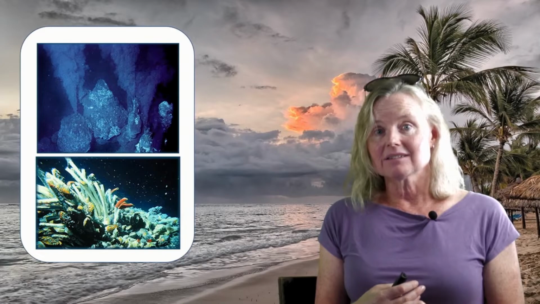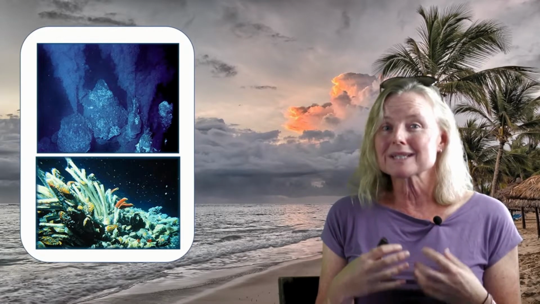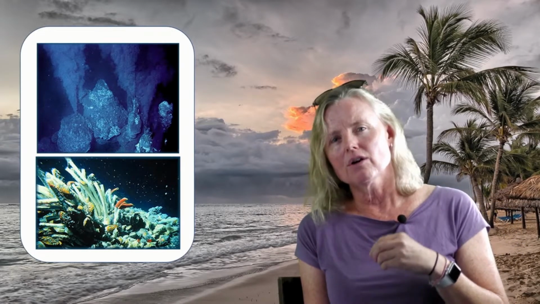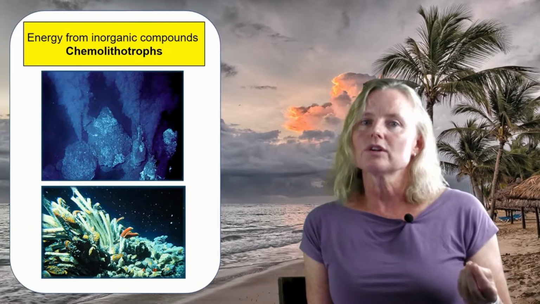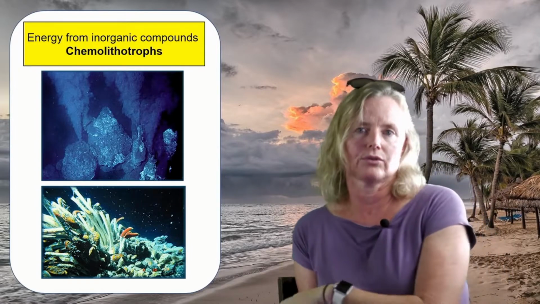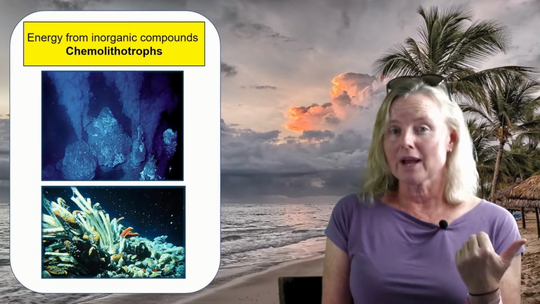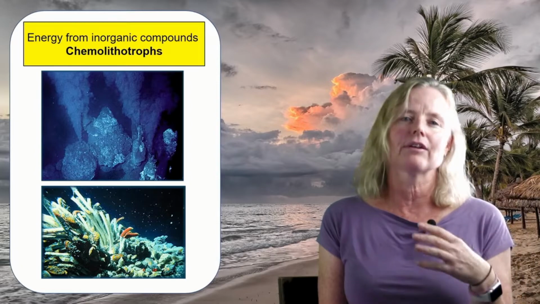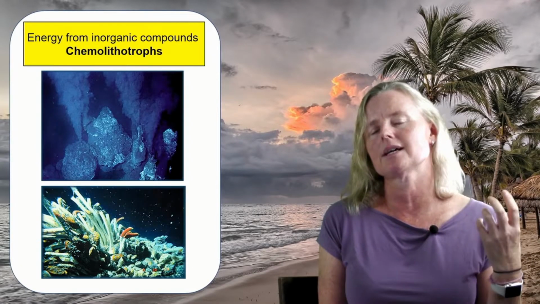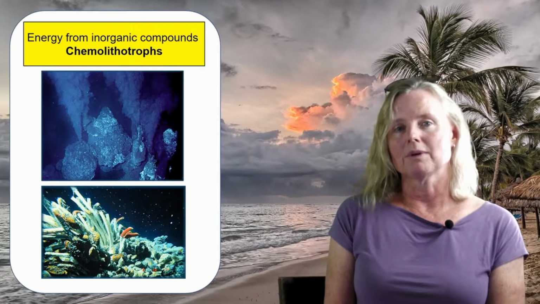The answer is that these environments are home to a second group of autotrophs, the ones that obtain their energy from inorganic compounds rather than sunlight. These organisms are known as chemolithoautotrophs or chemolithotrophs. They're not the invertebrate animals that you've just seen in the cartoon or the slide here, but rather they are the bacteria that are found in and around the vent and also in a symbiotic relationship with those invertebrates, such as the tube worm here.